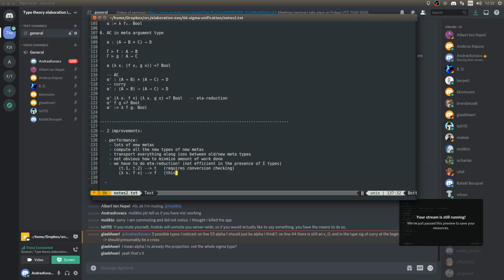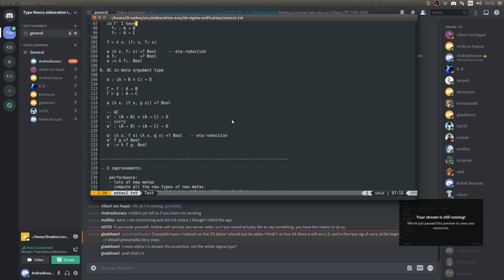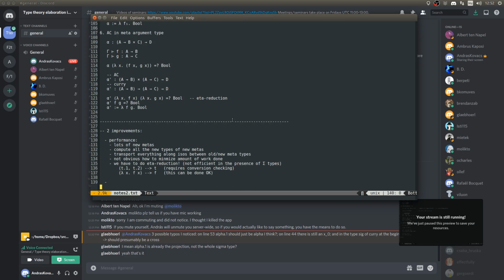So this can be done. Fine, but with sigma eta it becomes a bit more expensive. Usually it's not super expensive because in these unification problems, these patterns are usually not too big, but it's still a bit ugly that we have to do this sigma eta reduction.